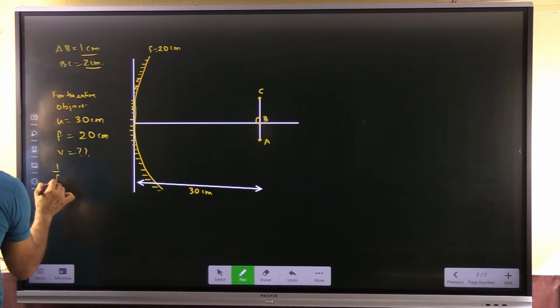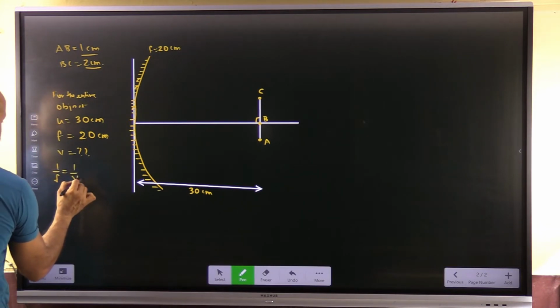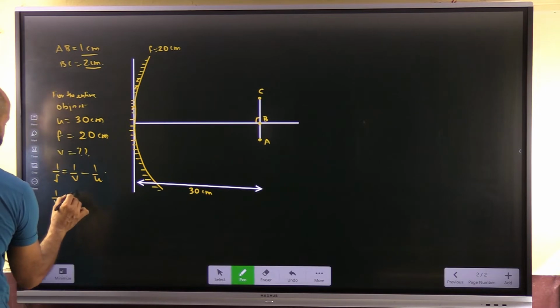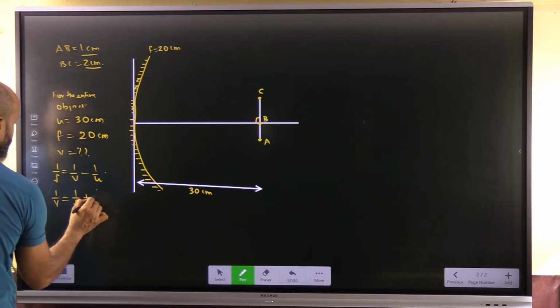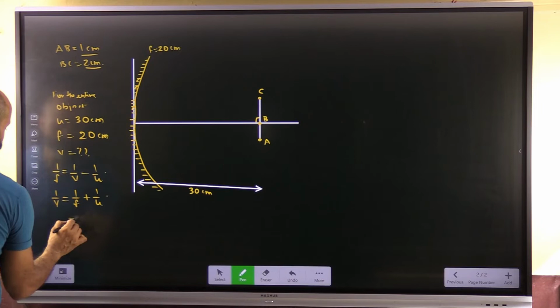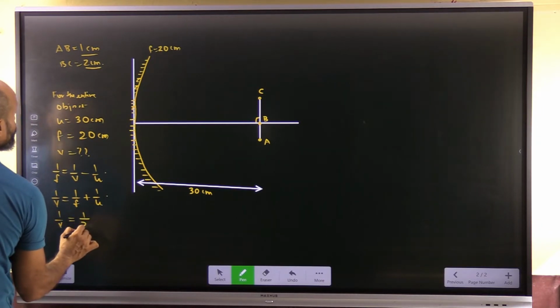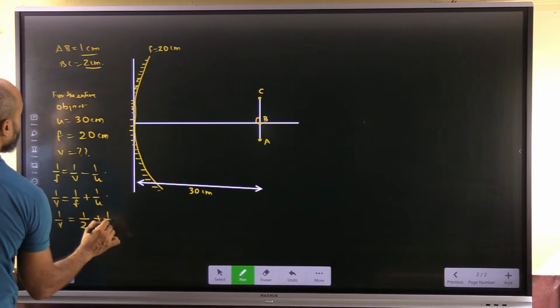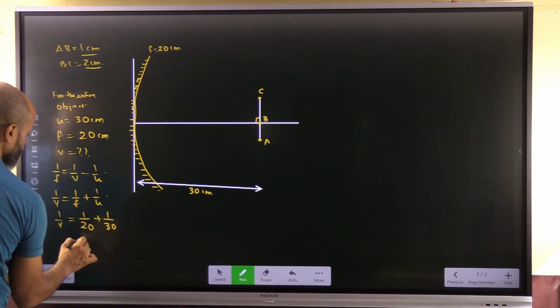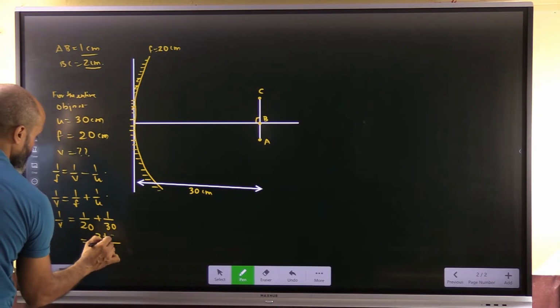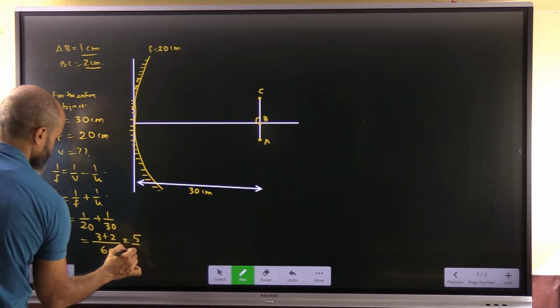So 1 by f by mirror formula is equal to 1 by v minus 1 by u. So 1 by v is equal to 1 by f plus 1 by u. So 1 by v is equal to 1 by 20 plus 1 by 30, and that's going to be how much? 60. So 3 plus 2, so that's going to be 5 by 60.